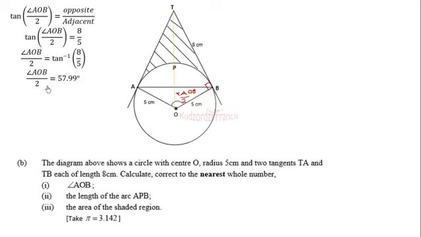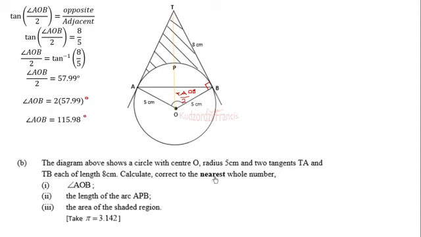So angle AOB over 2 equals this. Multiply both sides by 2 to get angle AOB equals 2 times 57.99, in degrees. Now we multiply by 2 to get 115.98 degrees.